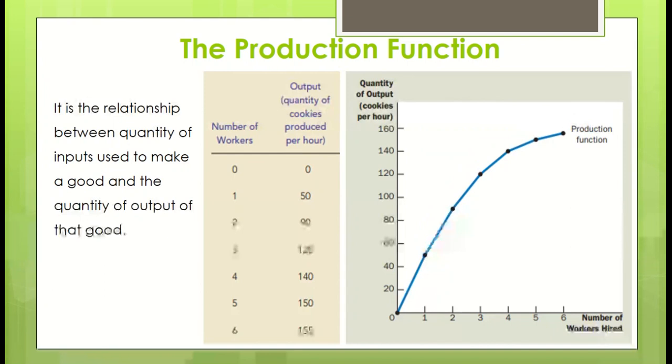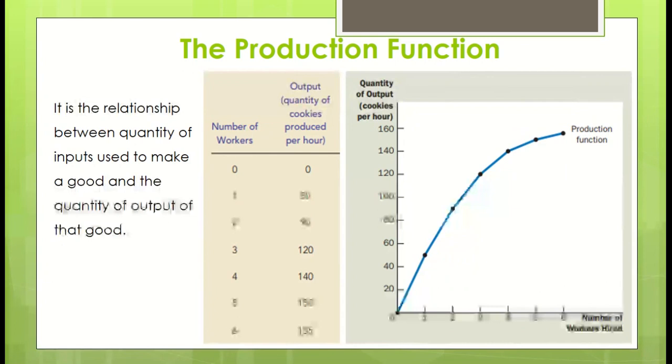And if the labor is 1, the output produced here is 50. That means hiring 1 unit of labor on the x-axis means that the quantity of cookies produced per hour is 50, in between 40 and 60, this point.